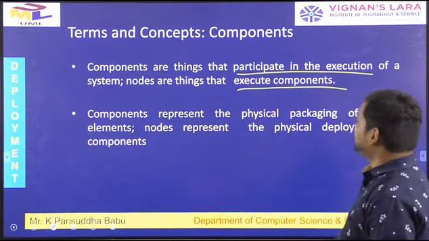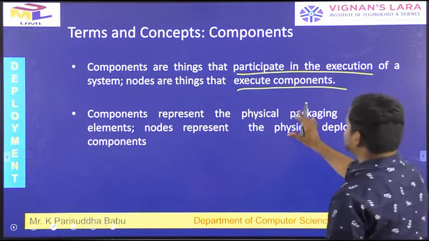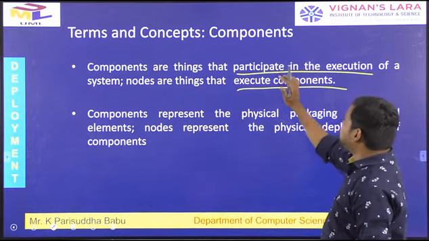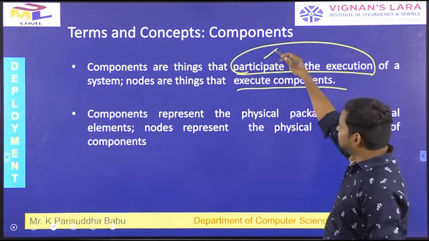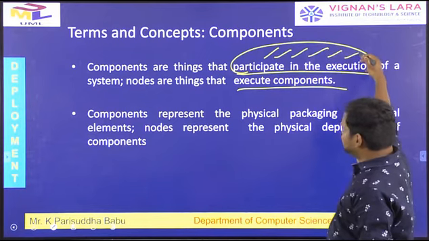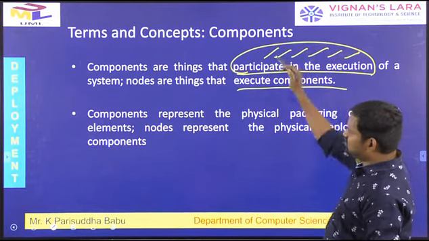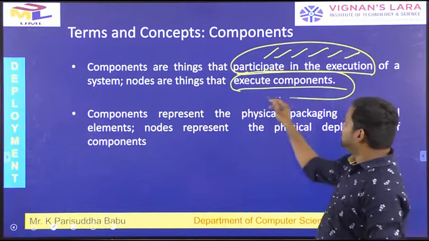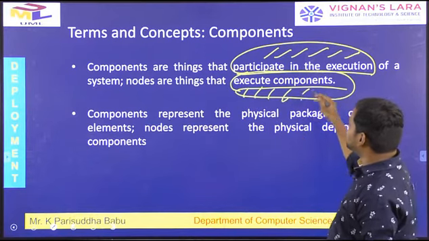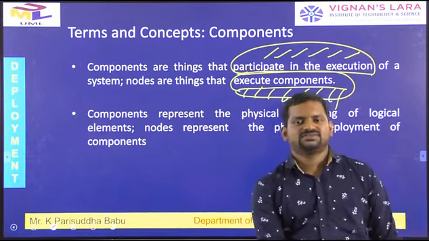Simple. What are components? Components are the things that participate in the execution. Nodes are the things that execute the components.